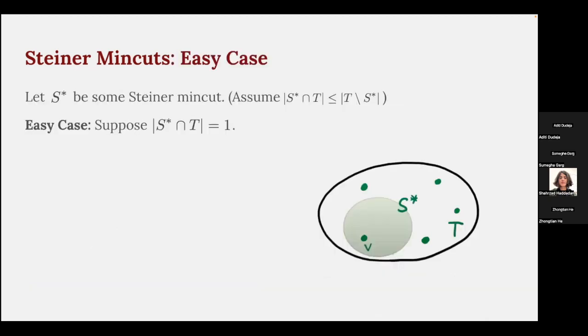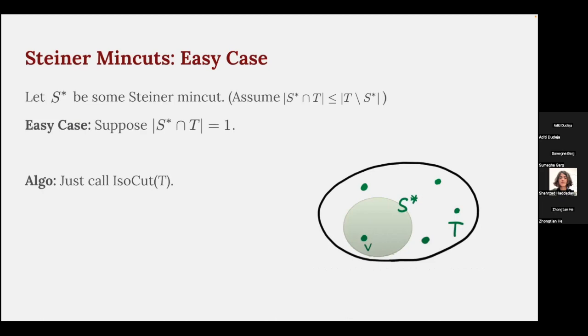So let's first consider an easy case. If the standard Mincut separates some terminal from all the other terminals, what shall we do? Yeah, just run the isolating cut, because this is one of the isolating cuts.